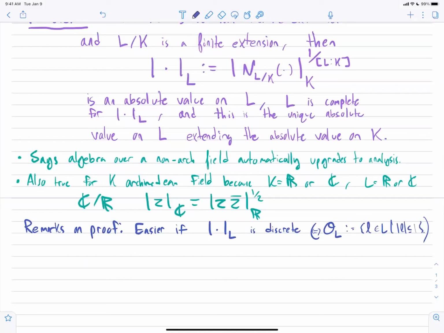So this is a complete DVR. It's complete already, and then it will be a DVR. The maximal ideal is the things that have absolute value strictly less than 1, and you'll be able to take something of largest absolute value less than 1 by this discreteness, and that will be a generator for this maximal ideal. So that tells you it's a PID.